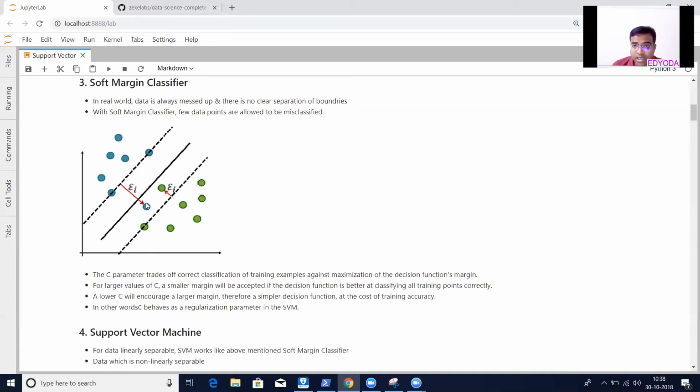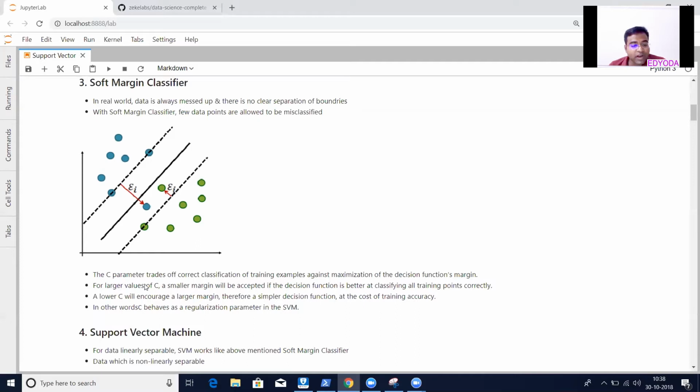The idea is to still find the line or plane which maximizes the separation and is more generalized. This behavior is achieved using the soft margin classifier. That means it allows some degree of misclassification. That's how it is different from the maximal margin classifier. C is the trade-off.